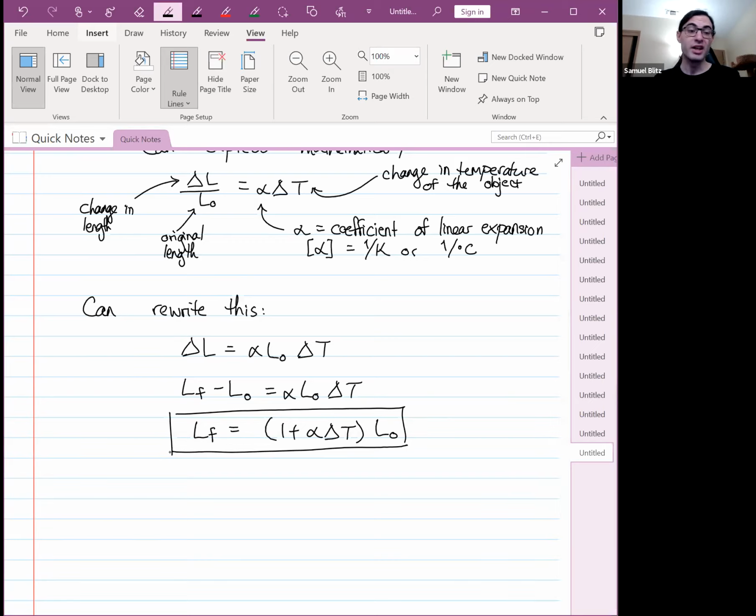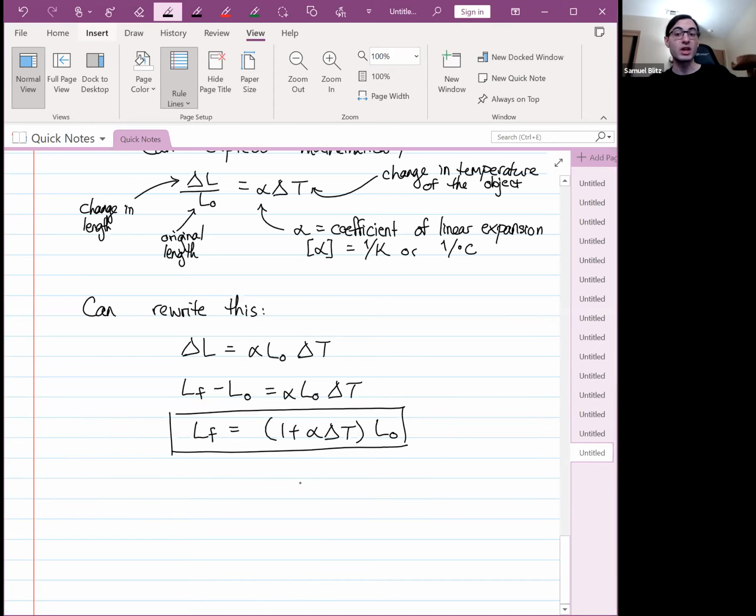But by the way, this phenomenon that objects expand by predictable amounts when the temperature increases by a predictable amount, that's a way to measure temperature. Because, for example, if you have a rod that you know the length of when it's, say, room temperature, or maybe you know the length of it when it's 0 degrees Celsius, and let's say you also know what alpha is, then in principle, you could just measure the length of the rod when it's at some other temperature, and you can backtrack to figure out how much the temperature changed from 0 degrees Celsius by just reverse engineering this formula.